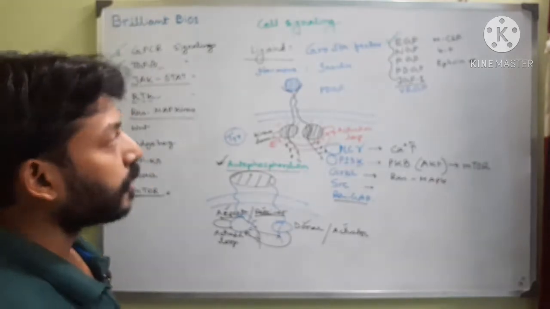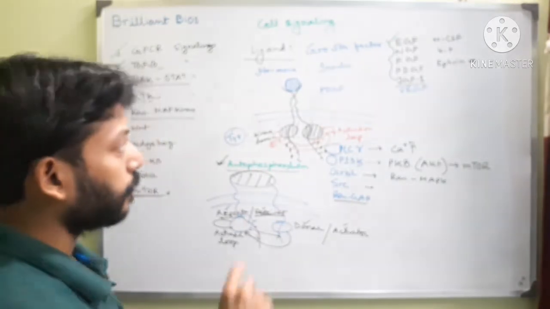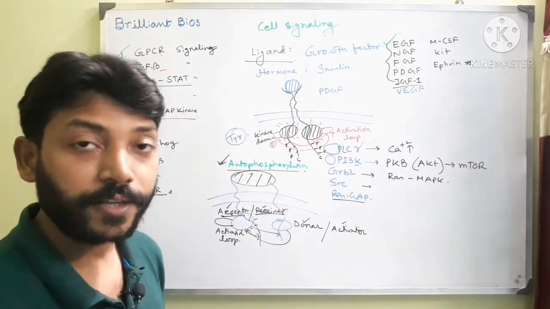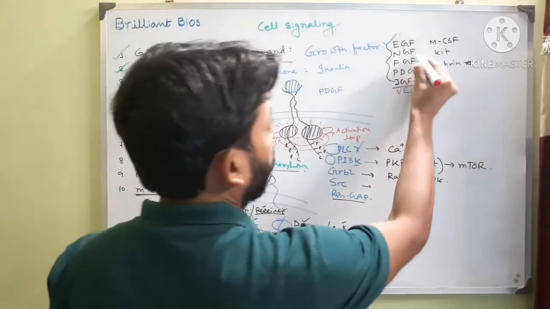Here I want to mention a few facts about the EGF growth factor, and before I start EGF growth factor, I want to give another example of another growth factor called FGF.